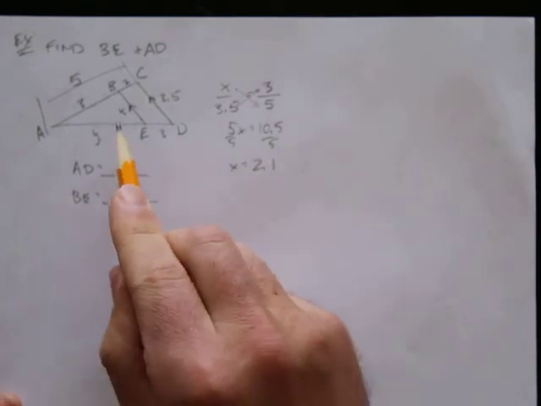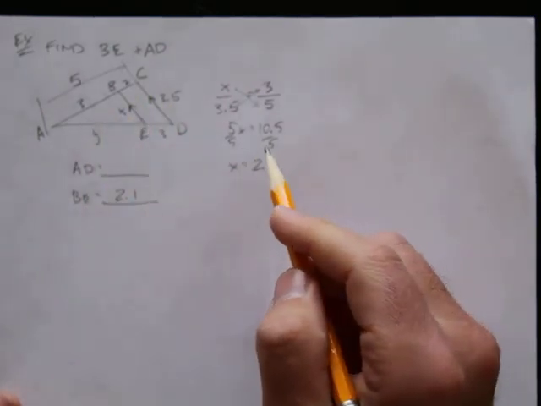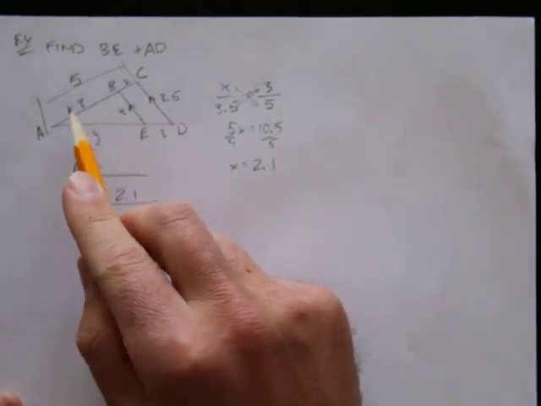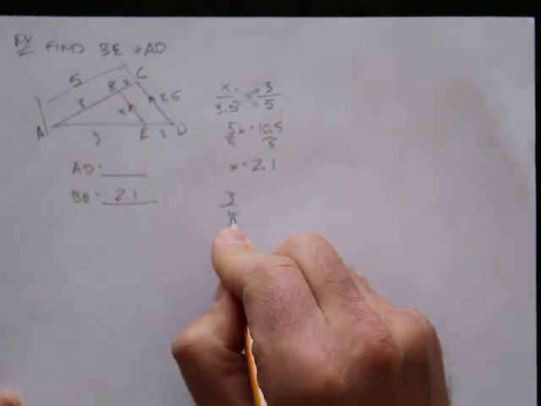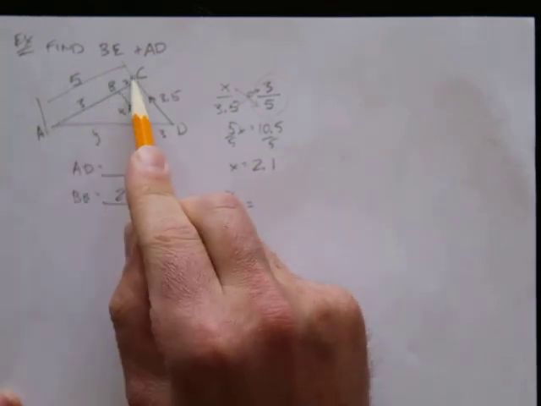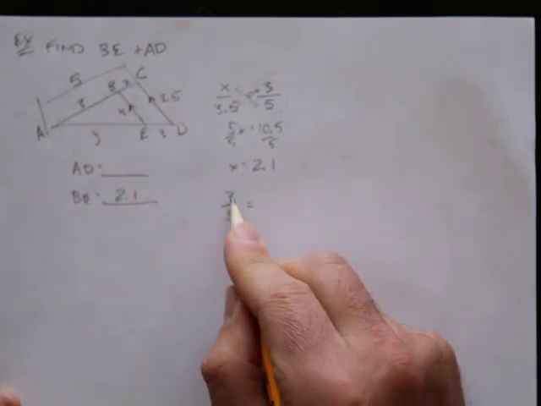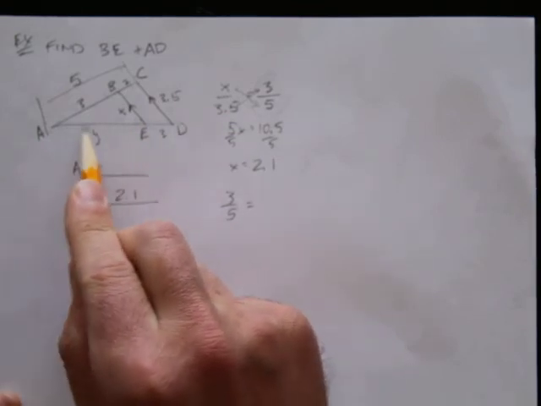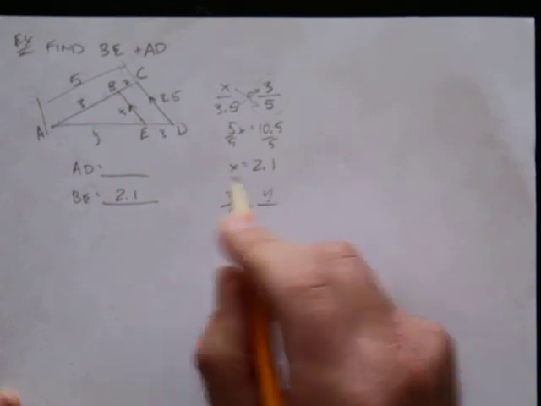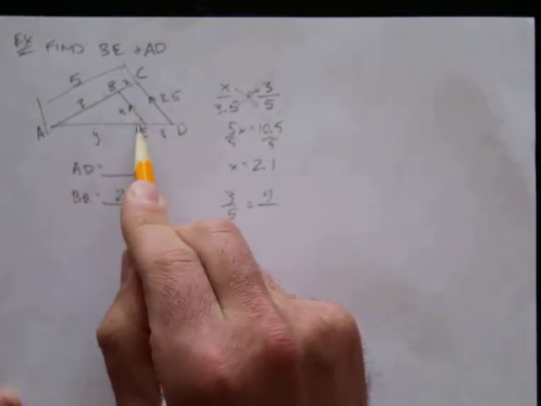Now let's set up another ratio. I'm going to use this 3 over 5 still because I like that one. 3 over 5 equals, with the smaller one on top and the bigger one on the bottom, the smaller side here, AE, is Y. That's the smaller side of this smaller triangle.